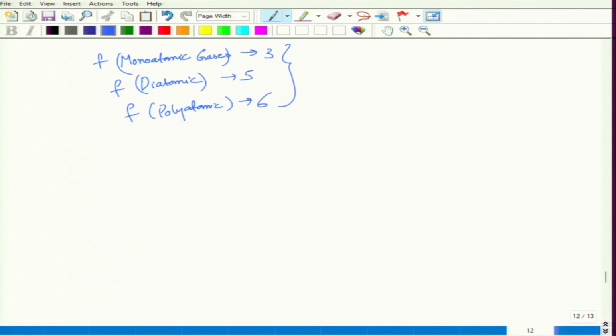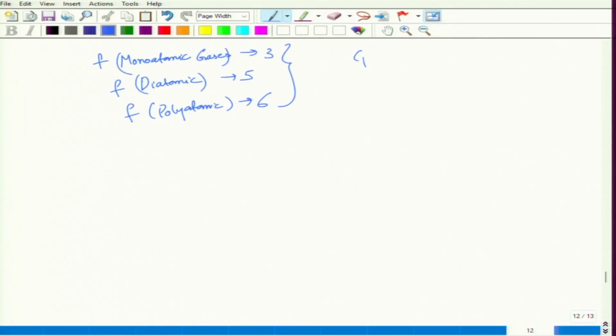And for this case we are able to find how specific heat is related to the internal energy, and what is the value of Cp and Cv in terms of degree of freedom. So, what we get is Cp is (F by 2 plus 1) into R and Cv is F by 2 R.